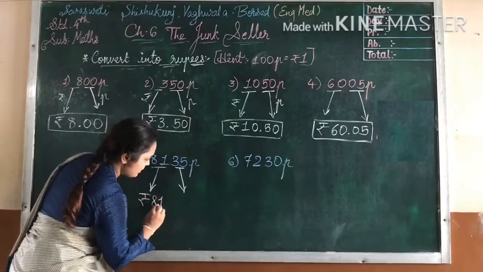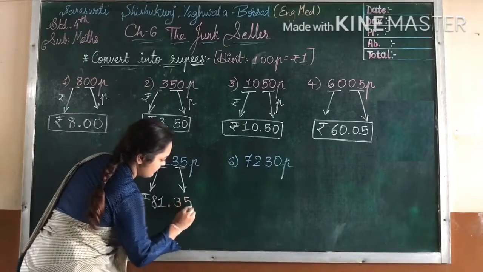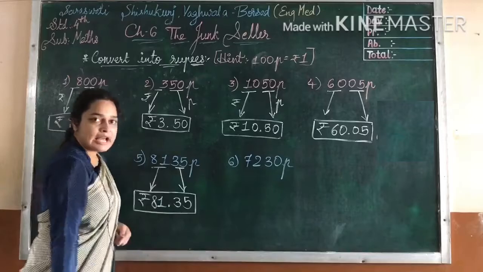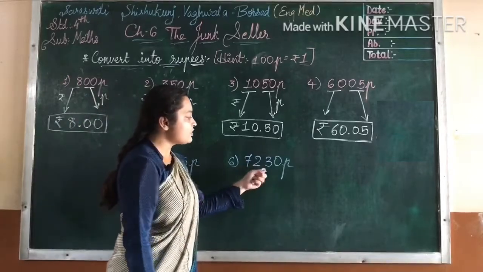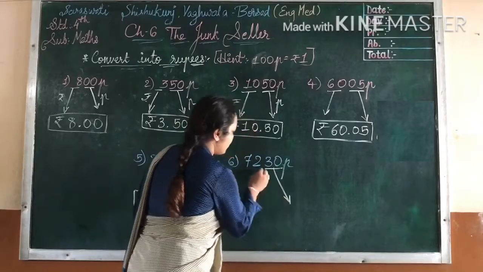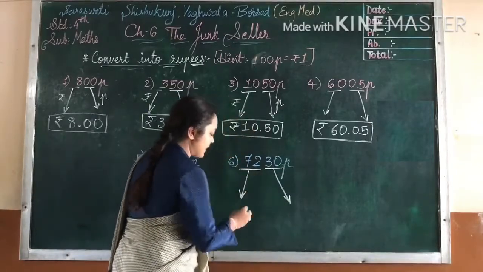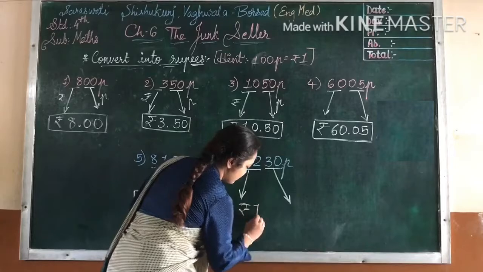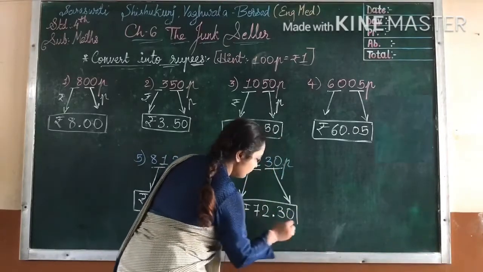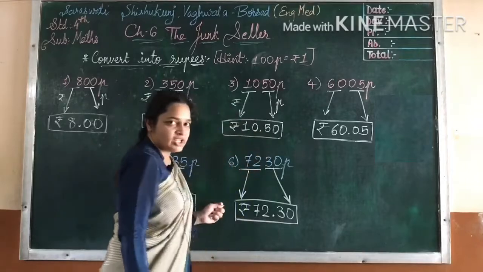Rupees 81.35. Last sum, 7230 paisa. So 30 on one side and 72 on the other side. The answer will be 72 rupees and 30 paisa. Just take a look.